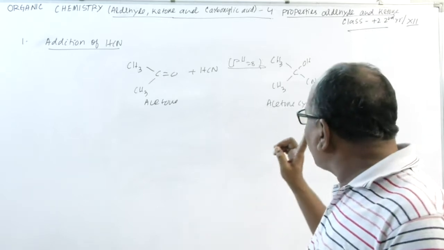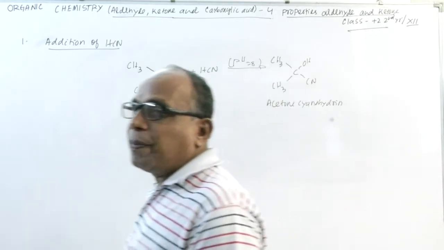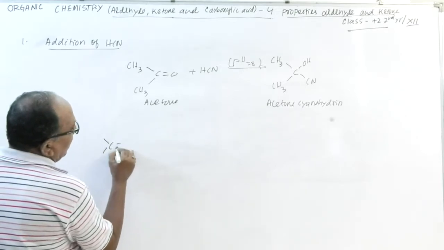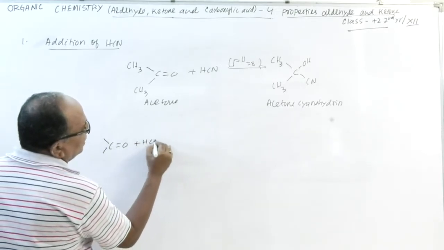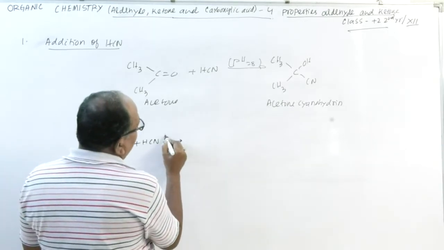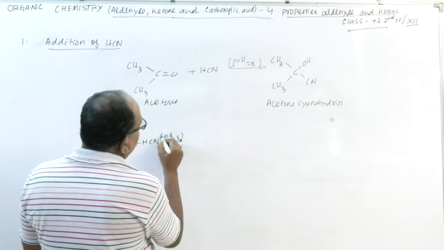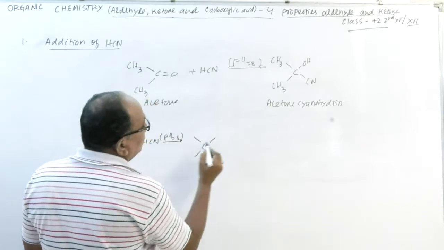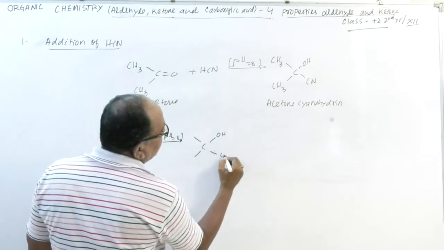Okay, what about the use of this cyanohydrin compound? Suppose this is the carbonyl group present in an aldehyde or ketone. It adds HCN and gives you an addition product, where this side is OH and this side is CN.